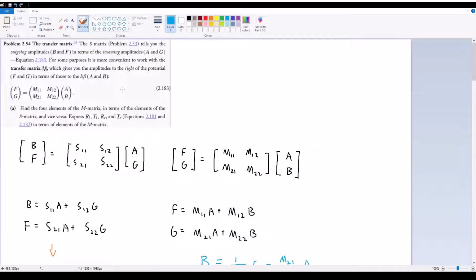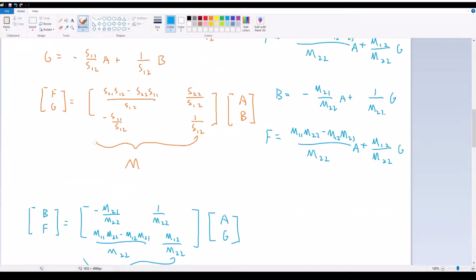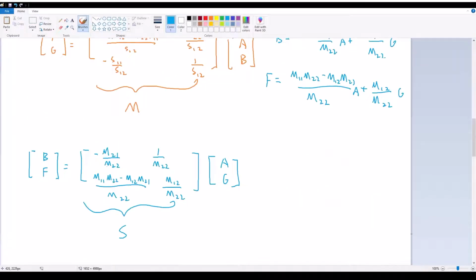Finally, we want to express the reflection and transmission coefficients for a particle incident from the left and from the right, respectively, in terms of elements of the M matrix. For that, we just have to look at our new scattering matrix in terms of the M matrix elements, which is right here.